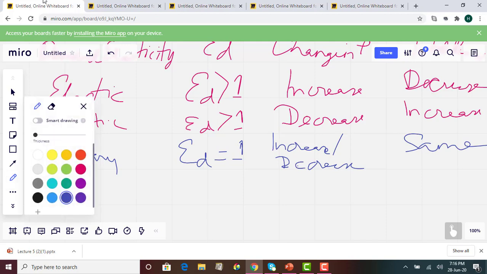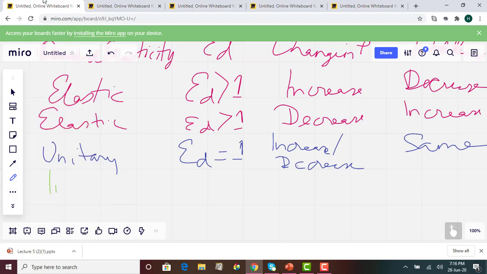Okay, and finally we have inelastic. Inelastic is between 0 and 1. If there is an increase in price, then your revenue will also increase.